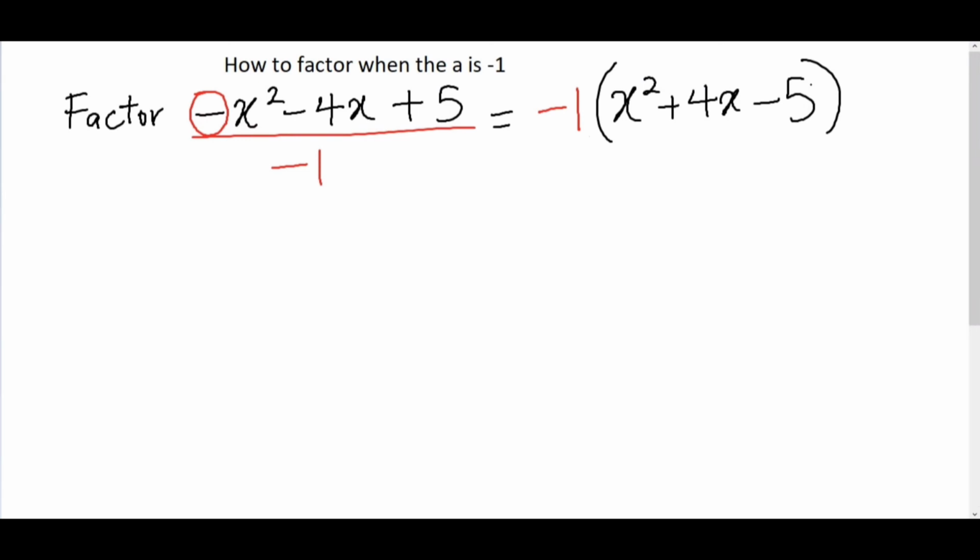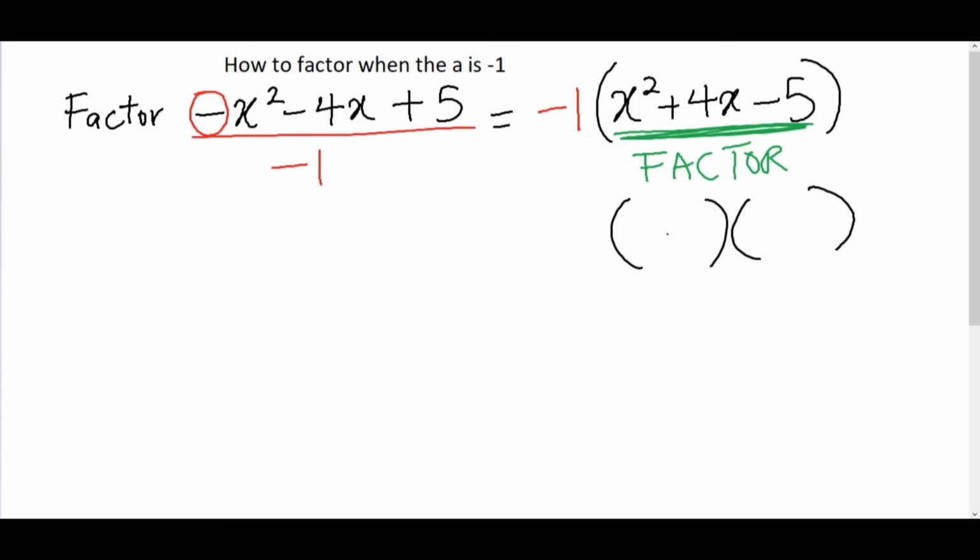Okay, so once you've done that, all you then have to do is factor this, because we've removed that negative that was attached to the x squared. So when you factor this, again, I have the video for factoring a basic trinomial using the X-box method or the box diamond method.